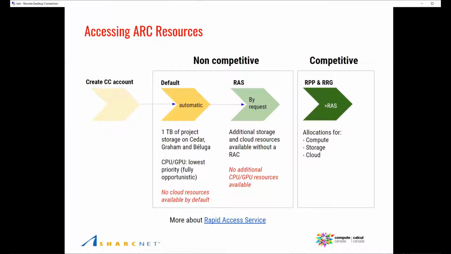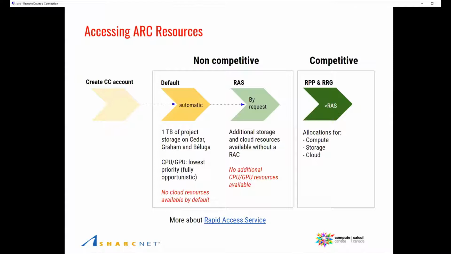The other pool is competitive. This is the majority of the resources allocated to research groups across the country. We have two programs: Resources for Research Groups, or RRG, and the Research Platforms and Portals, RPP.